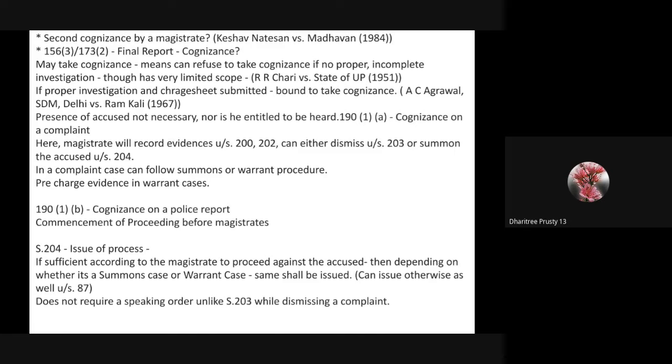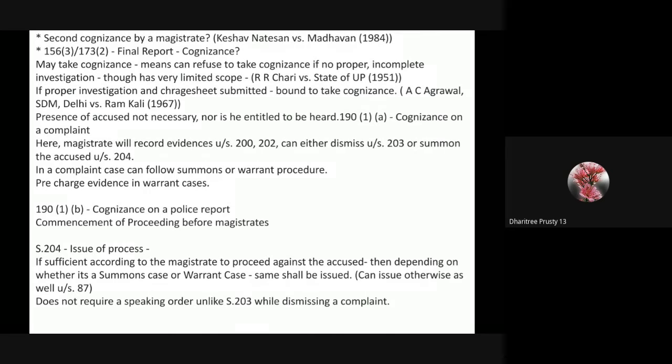In 191B, cognizance on a police report, this is actually straightforward. Once the 173(2) police report or final form comes, the magistrate takes cognizance, and straightforwardly issues process under section 204, if he is of the opinion that there is sufficient ground to proceed against the accused.